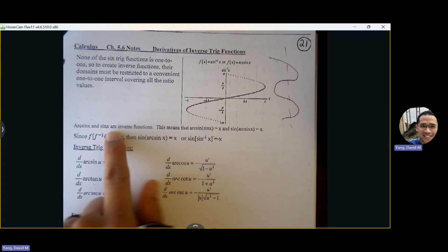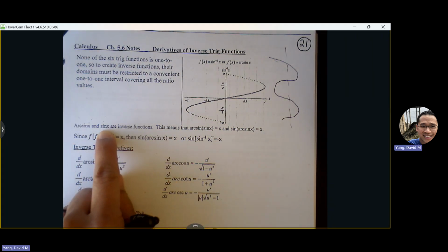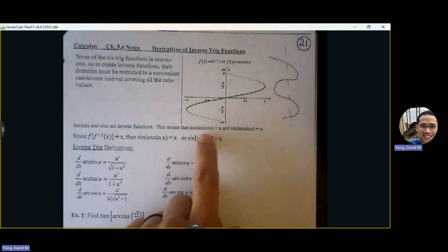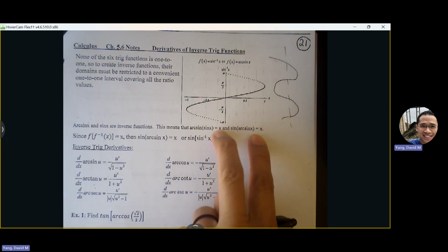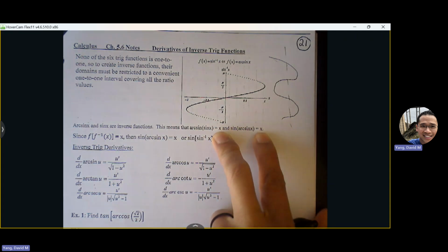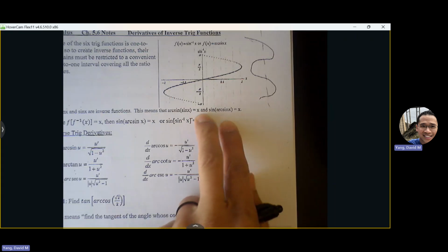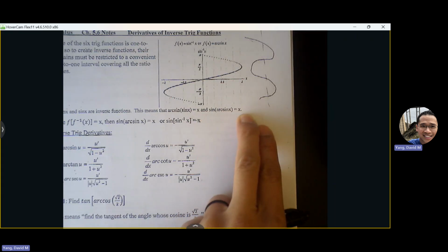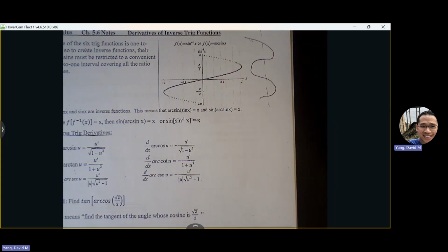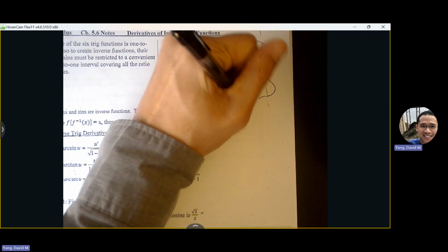So arcsine and sine are inverse functions of each other. What that means is that if we take the inverse function and plug it into the function, or vice versa, they're going to cancel each other out, leaving us with just x. So arcsine of sine of x is equal to x, and sine of arcsine of x is equal to x. We've seen that with a function and its inverse, like natural log and e to the x.